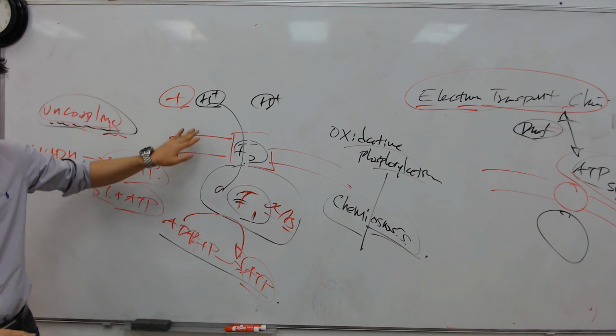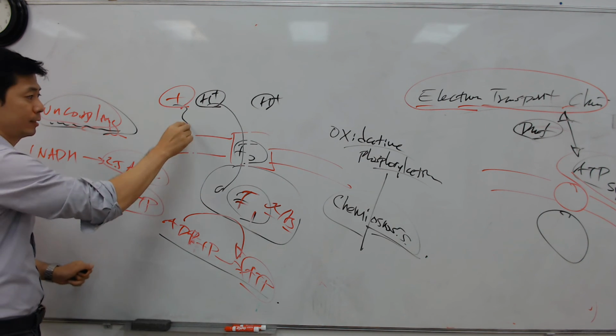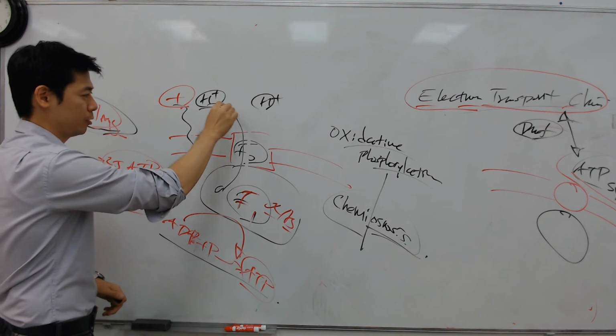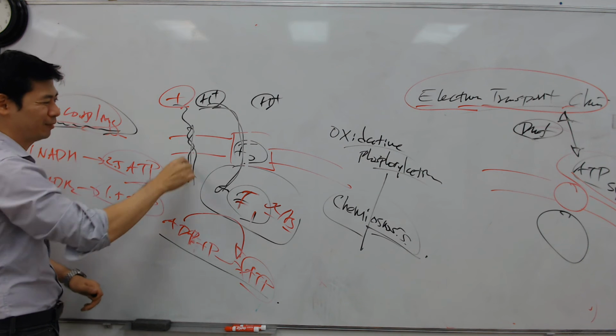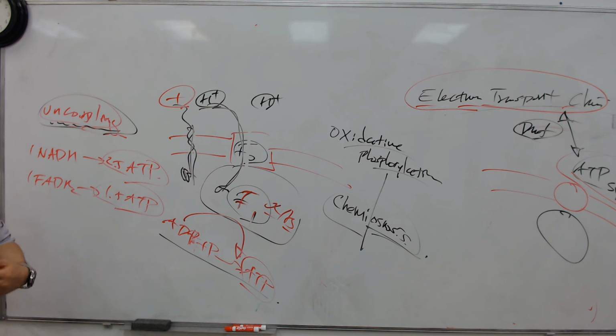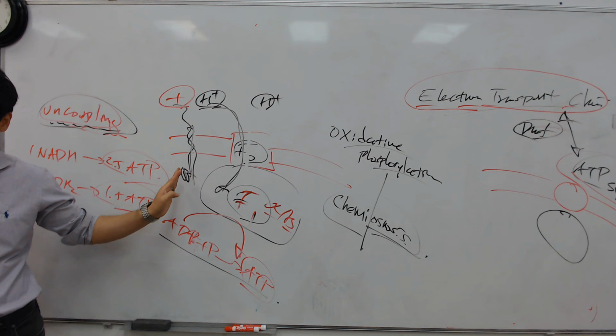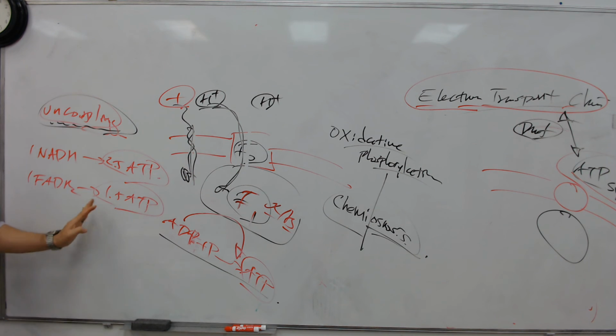So what do uncouplers do? Instead of H plus coming in through this, they make them leak through the membrane. That's basically what they call uncoupling of ATP synthesis and the electron transfer chain. What do you think will happen? They will not produce the same number of ATP as expected. Do you know what I'm saying? That's called uncoupling. So what are some uncouplers that you should know?